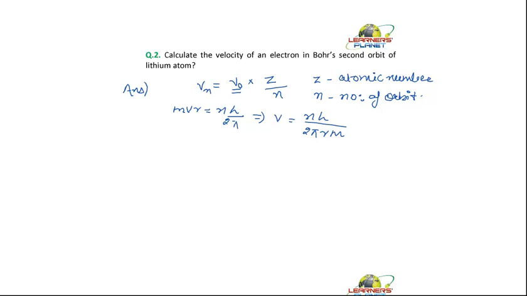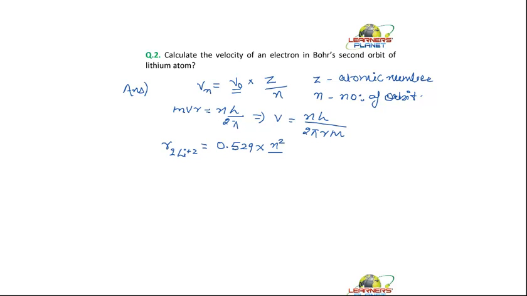Now we know n, that is 2, and h, the Planck's constant. The radius we need to calculate. So the radius of the second orbit of lithium ion will be equal to 0.529 multiplied by, what is the expression for radius?